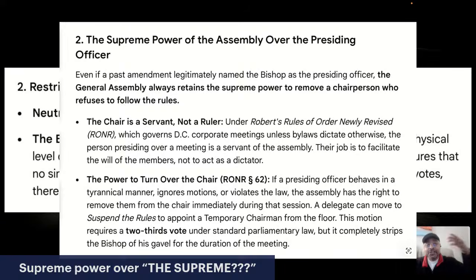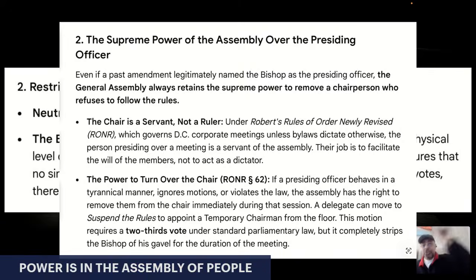The law supports the Assembly because the Assembly is the employer. The Assembly does not have to have something in the Constitution that says you are over the presiding officer.